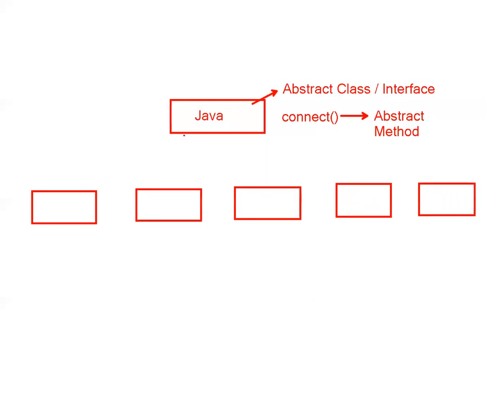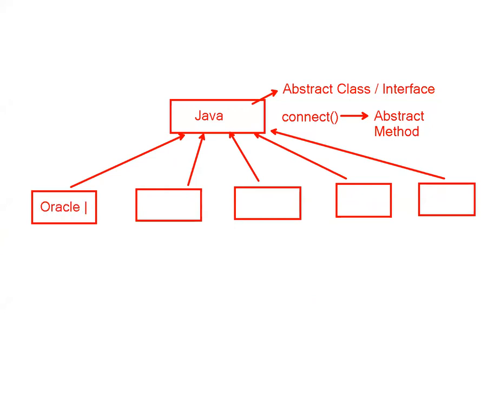Assume these are all classes. This class name is Oracle. This class name is MySQL. This class name is DB2. This class name is Derby. So many databases are there like that. This class name is DBase.